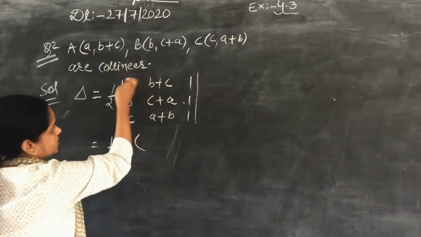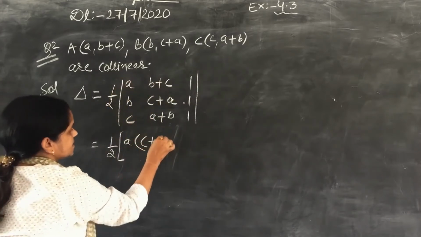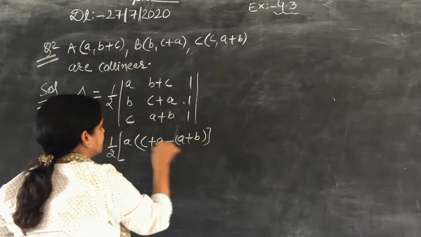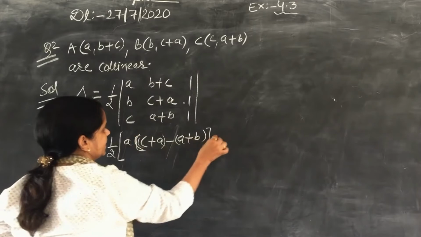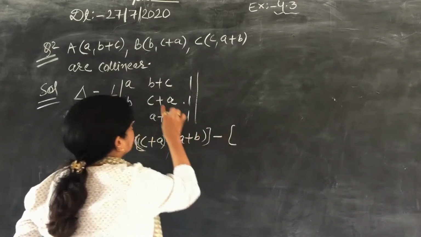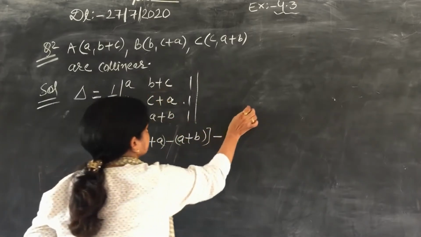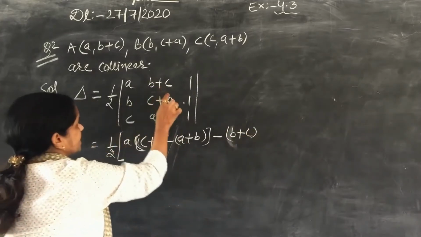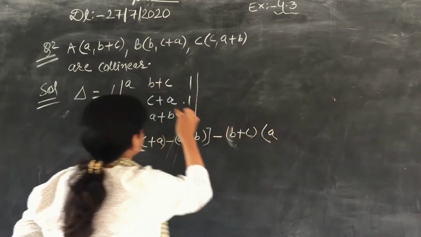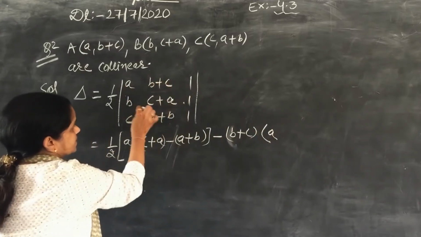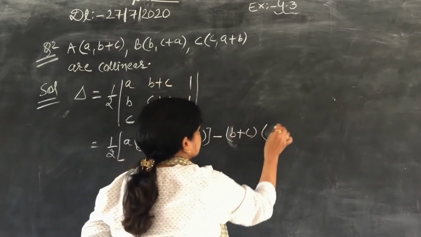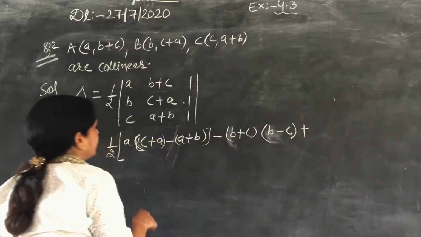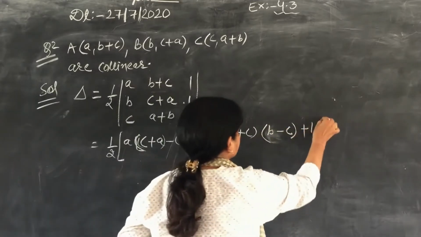Okay student, A, this row and column will cancel, we will get C plus A minus A plus B. Okay. And now take sign minus, it is B plus C multiply with student A. This column, this row will cancel, so B minus C. It is B minus C. Now take plus sign and 1.